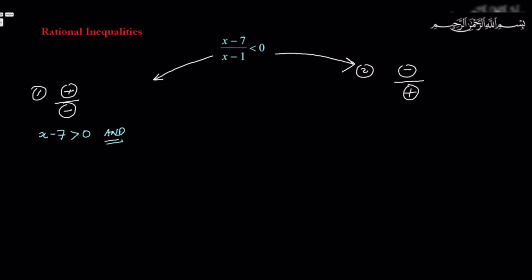So x - 7 must be greater than 0, or positive, and x - 1 must be less than 0, or negative. The second scenario: the numerator must be negative, x - 7 must be less than 0, and at the same time, or concomitantly, the denominator, x - 1, must be positive, or greater than 0.